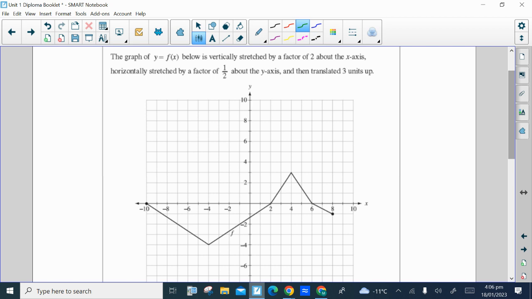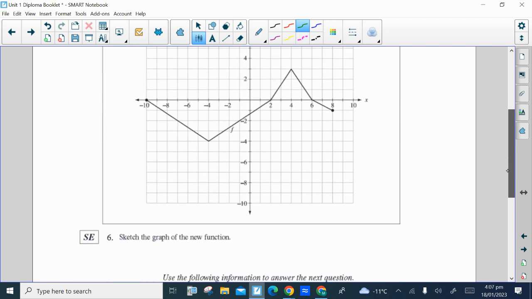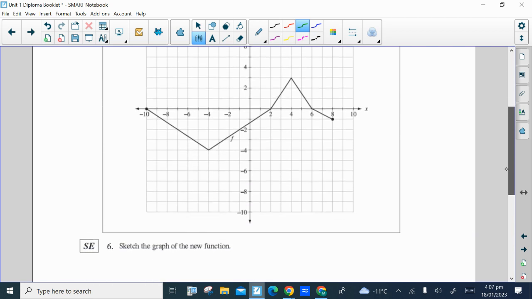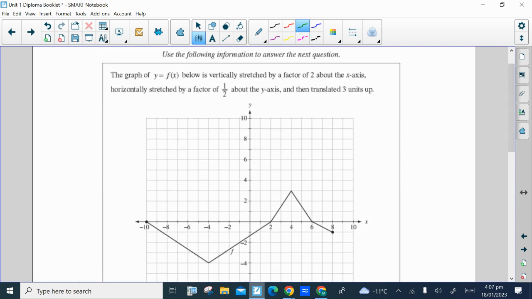The graph of F below is vertically stretched by a factor of 2 about the x-axis, horizontally stretched by a factor of 1/2 about the y-axis, and then translated 3 units up. So this asks us to sketch the graph of the new function. And again, this says it's a standard of excellence question just because of the number of transformations.